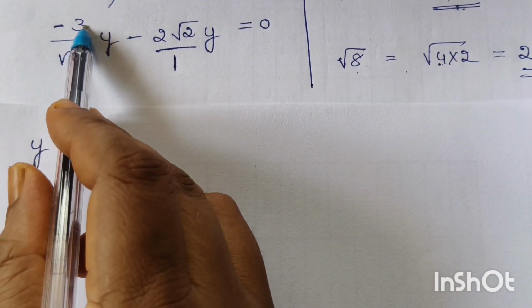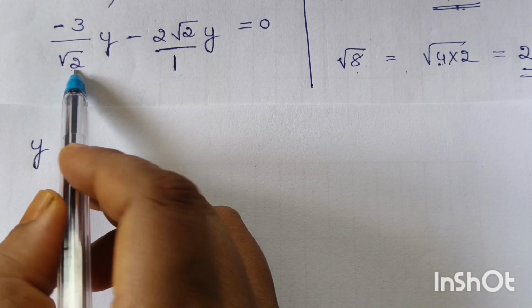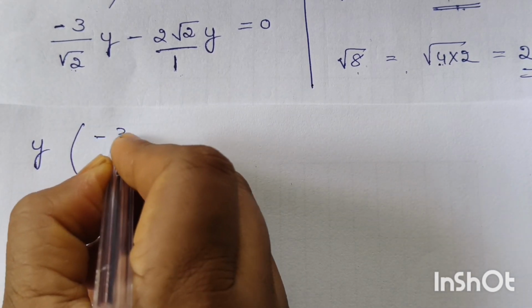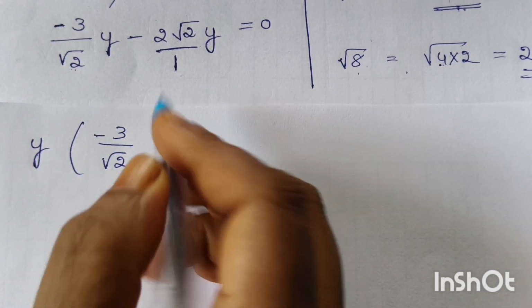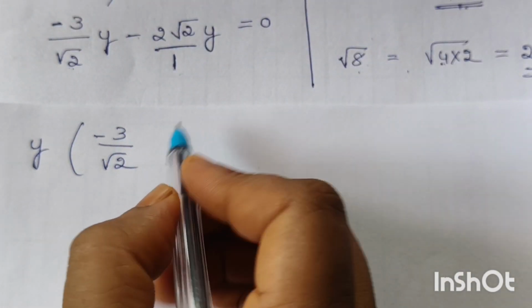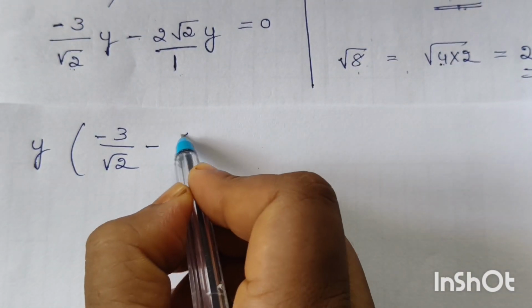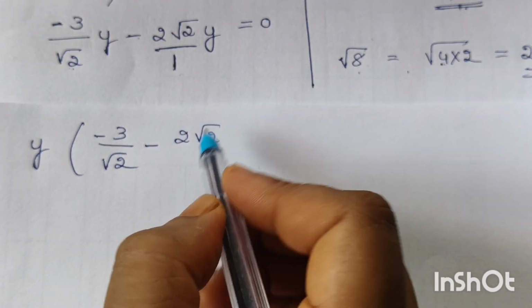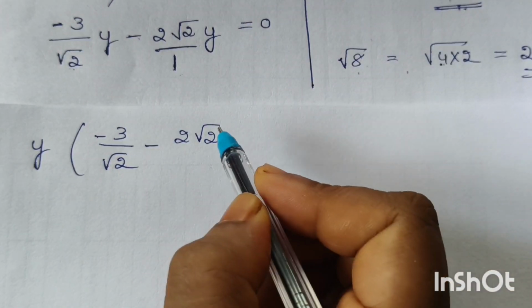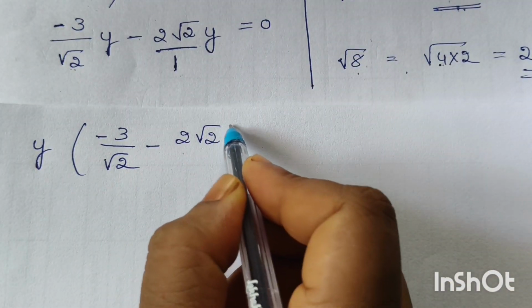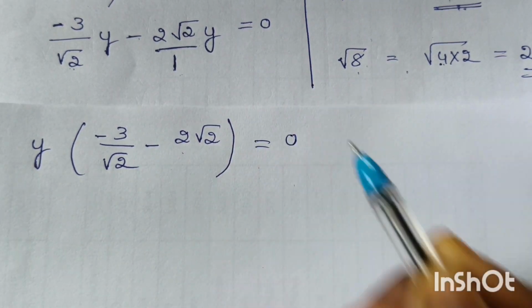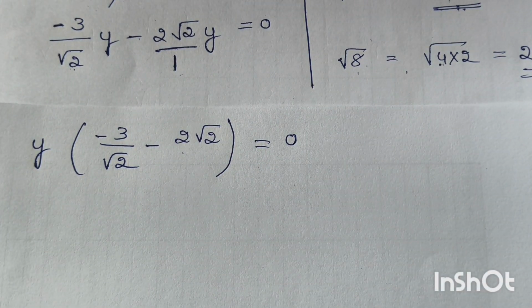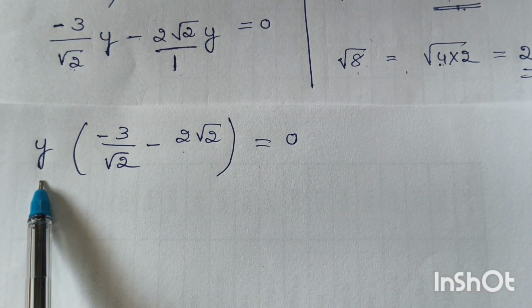Therefore, the remaining terms are minus 3 by root 2, and for this minus, minus 2 into root 2. Nothing is in the denominator means we can write 1 or you can leave it. Is equal to 0. Now, our intention is to find out the value of y.